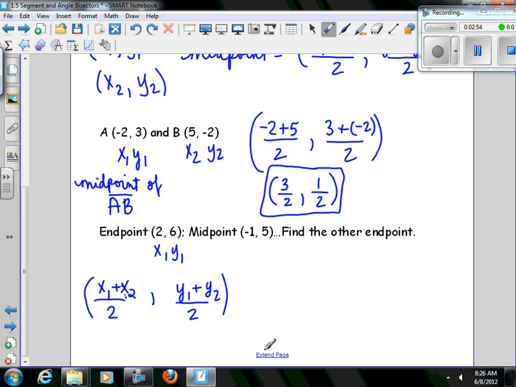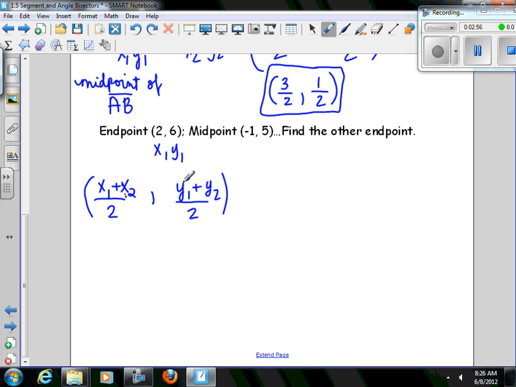All right. So if our point is 2, 6, we know that if we use x1 plus x2 over 2, we should get the final x value of -1. So let's plug those in. x1 plus x2 over 2 is going to give us -1.